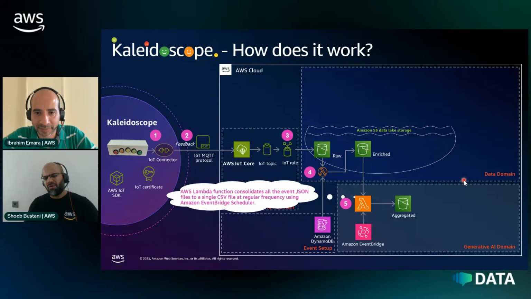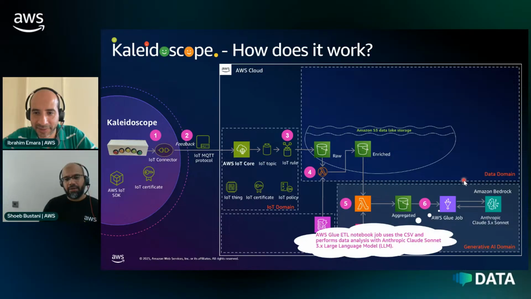That's for performance reasons as well. Rather than querying thousands of events, you have a single CSV file, or a Parquet file as well. We use CSV, but Parquet is even better.